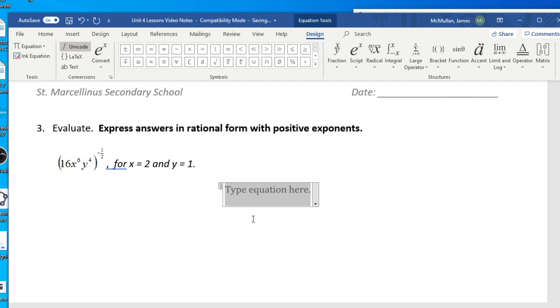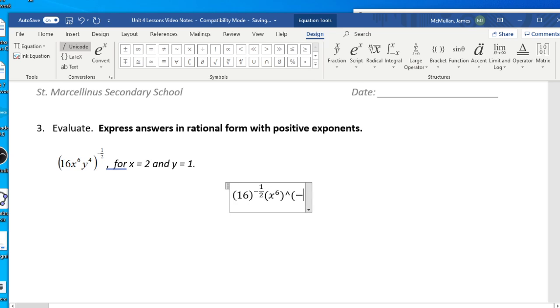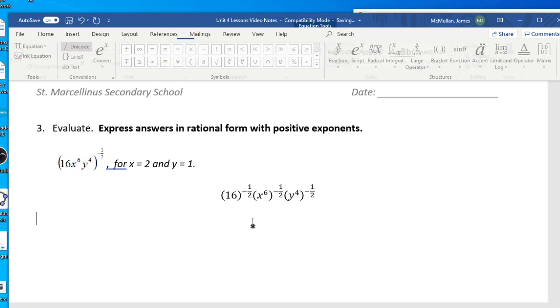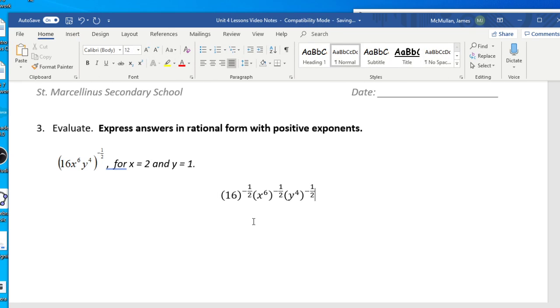I'm going to distribute the negative 1/2 to each part. So I basically put the negative 1/2 on each part.